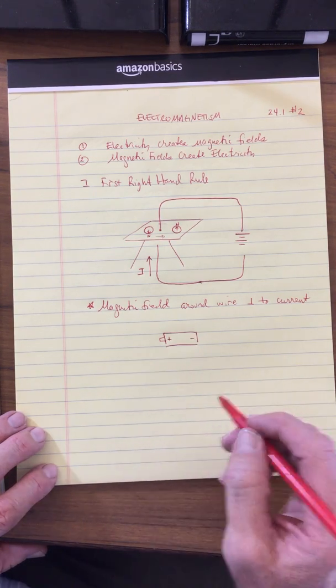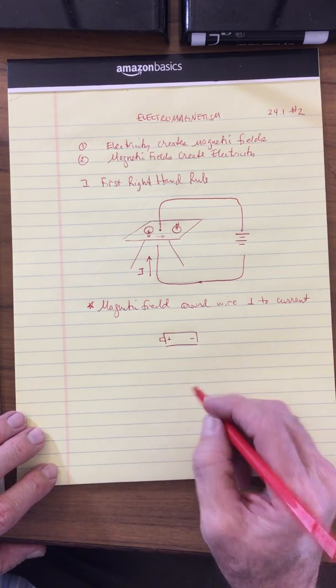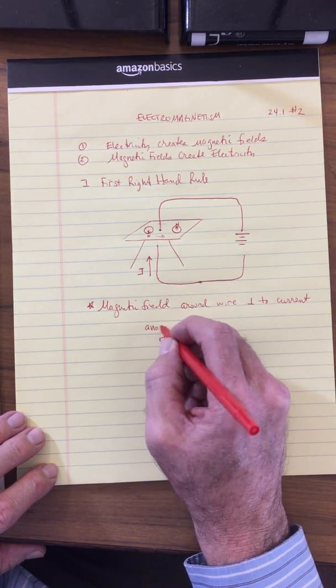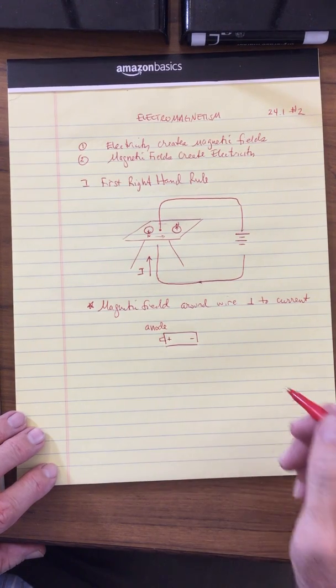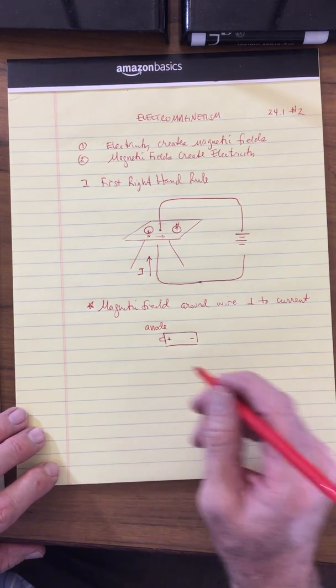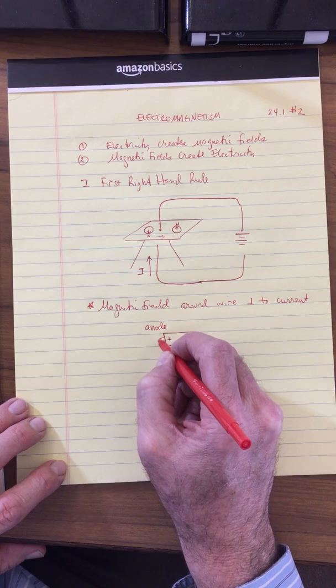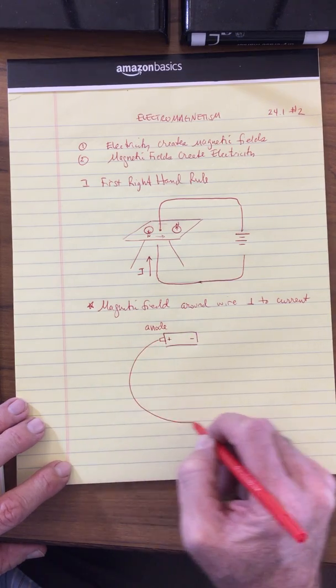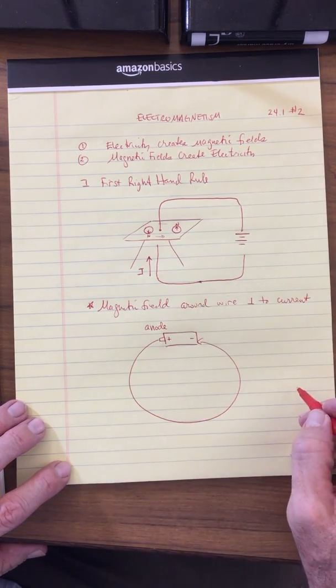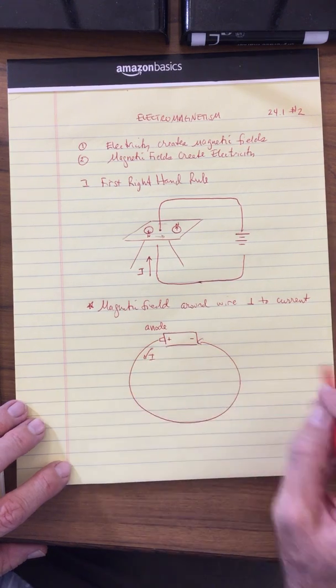But again, because of Benjamin Franklin, things have been switched around in electrical terminology. This positive actually is the anode, and that's where the electrons are going to be coming out from. So they're coming out in this direction and going around in this direction. So here's the current.